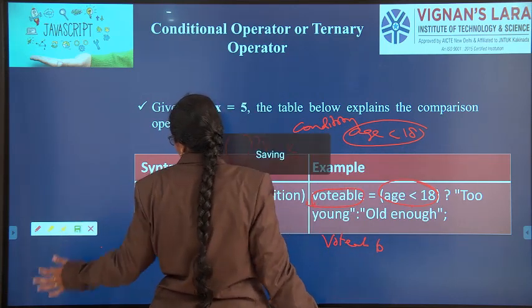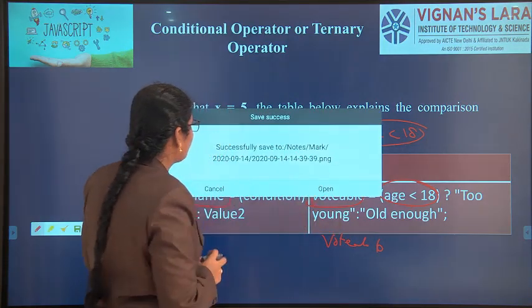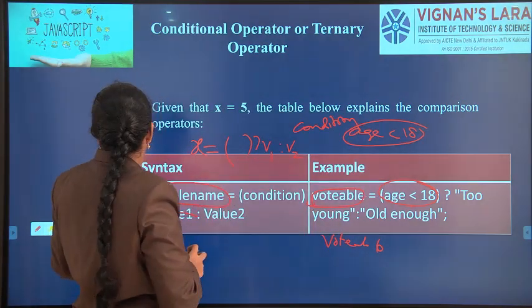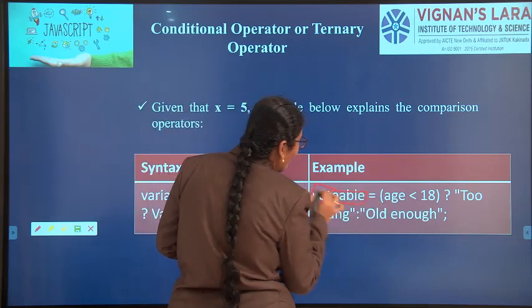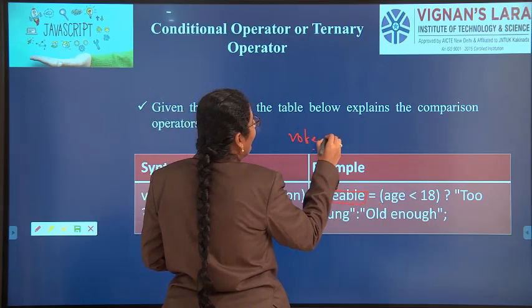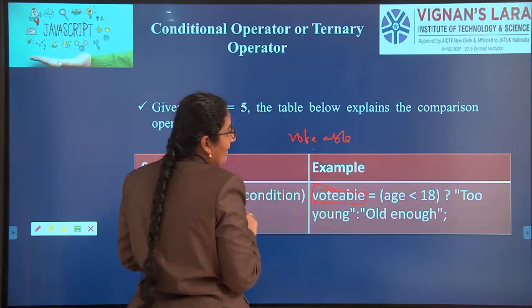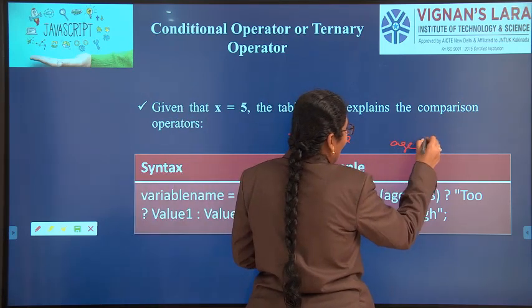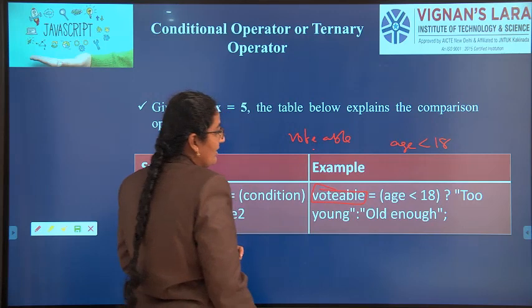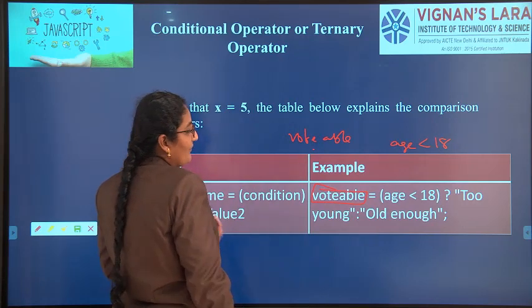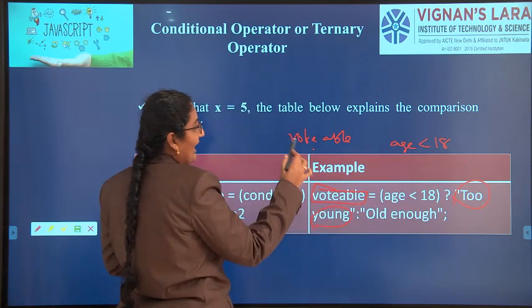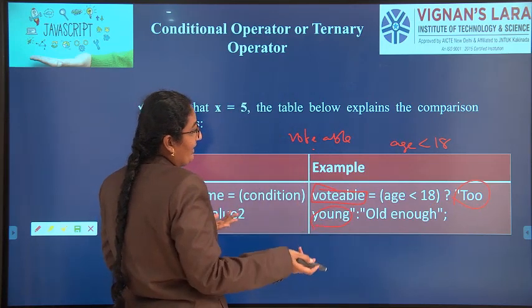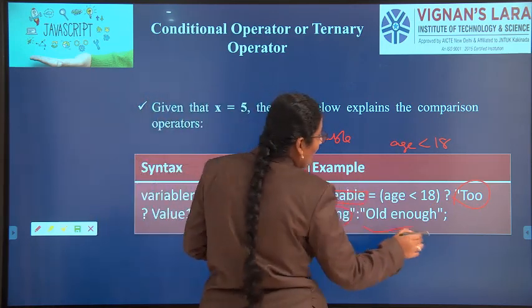Those who have the right to vote is nothing but votable. Votable is my variable name. What is the condition? Age less than 18 is the condition. So question mark, what is value 1? If they are less than 18, too young. If they are greater than 18, old enough.